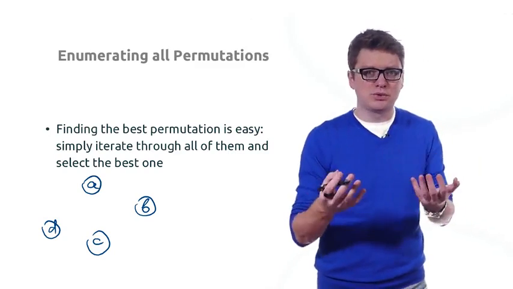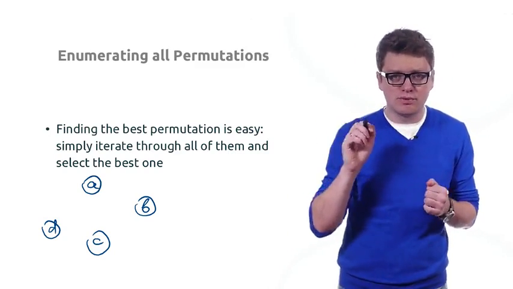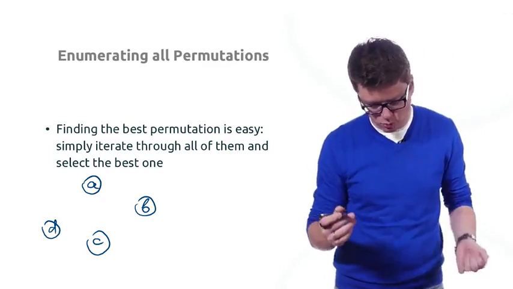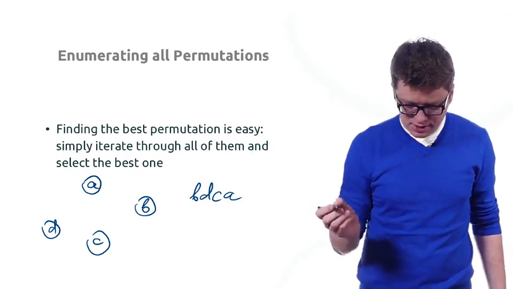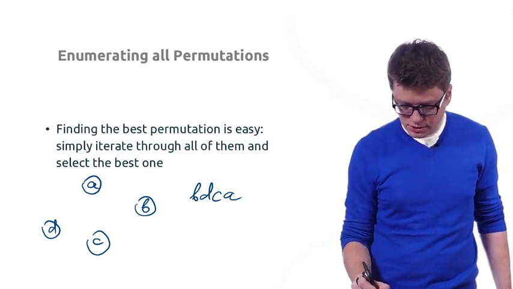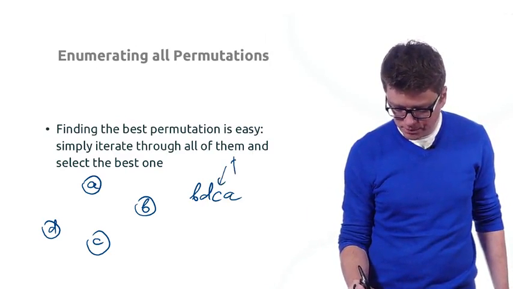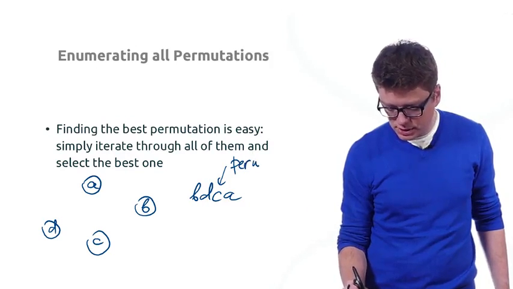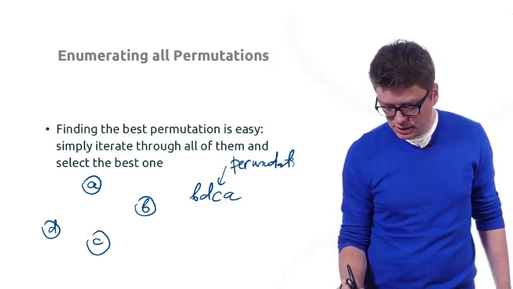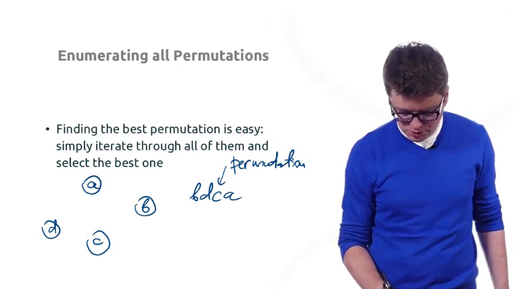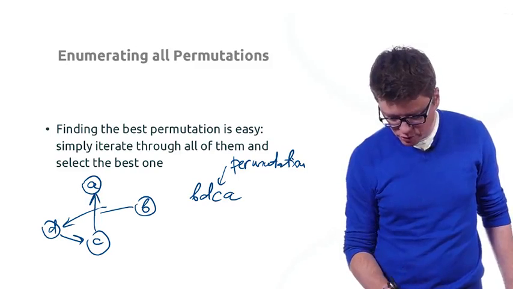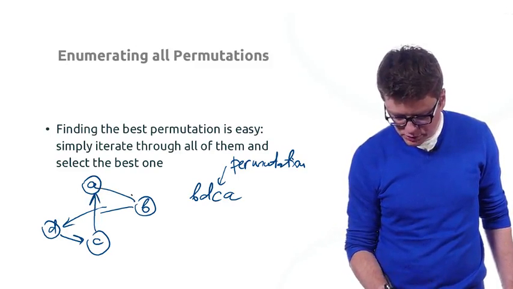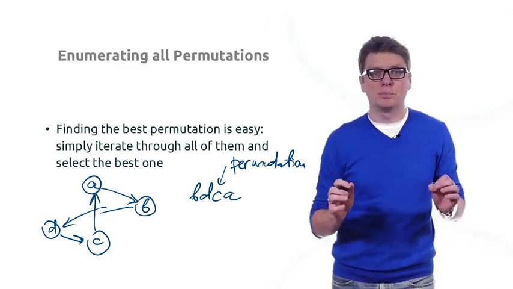What we need to find is actually an order of visiting these nodes. One such order is, for example, BDCA. So this is a permutation, right? And of course it defines a cycle. From B we go to D, from D we go to C, from C we go to A, and then we return back to B, because this is the first element of our permutation.